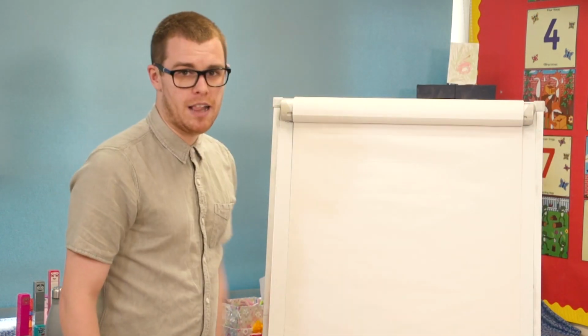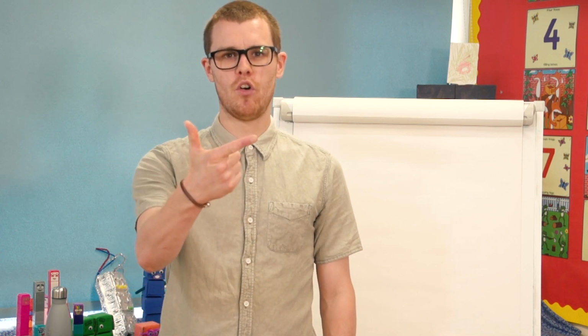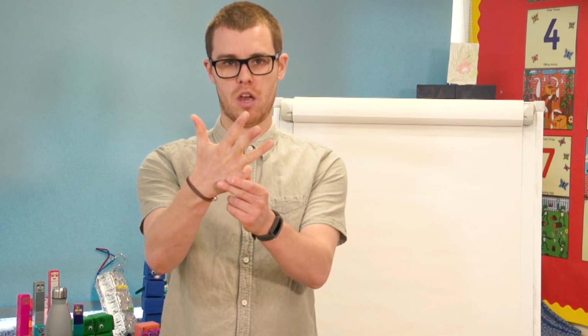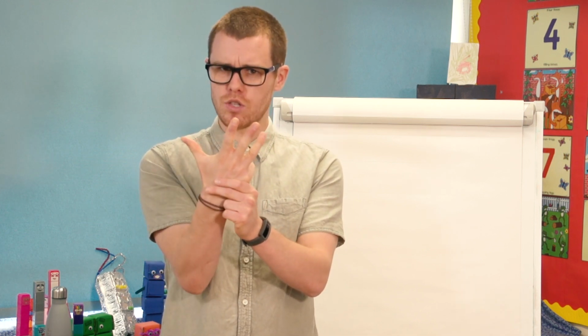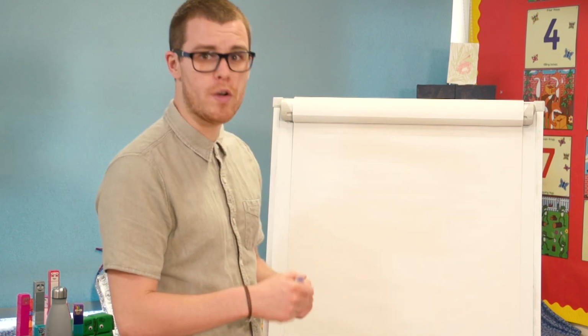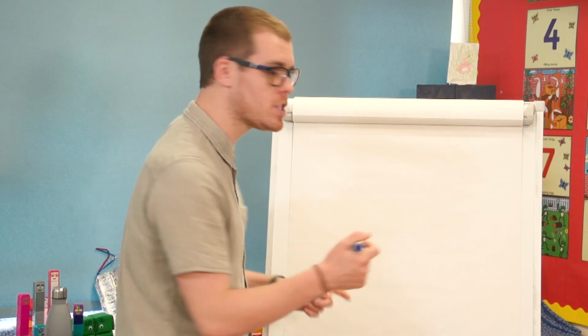Now let's spell groan. Segment the sounds with me. Groan. G-R-O-N. Let's count how many sounds there are. Groan. G-R-O-N. That's 4 sounds. Where is the O sound? Yes, it is in the middle. Watch me write groan, and remember I need 4 sounds.